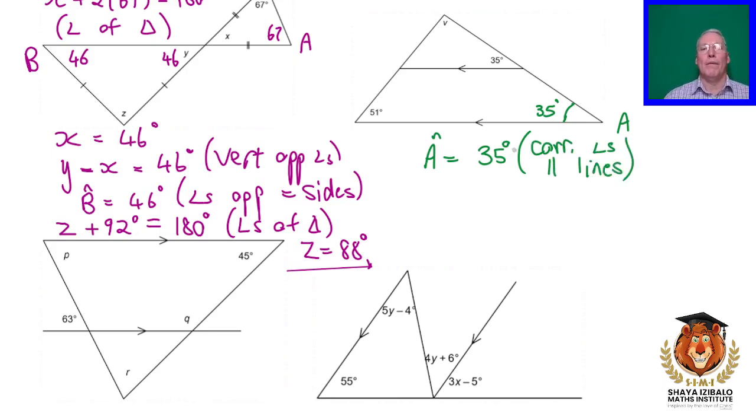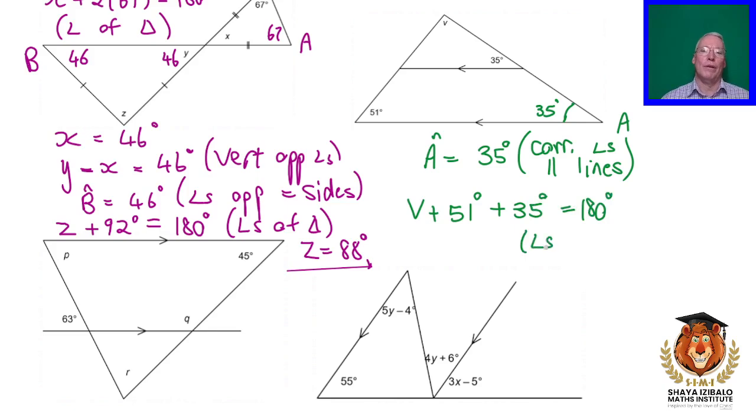Okay, now, can we work out angle Y? Yes, but is that a Y or a V? I think it's a V. Because we've got two angles in a triangle and we can find the sum of the angles. So V plus 51 plus 35 is equal to 180 degrees.